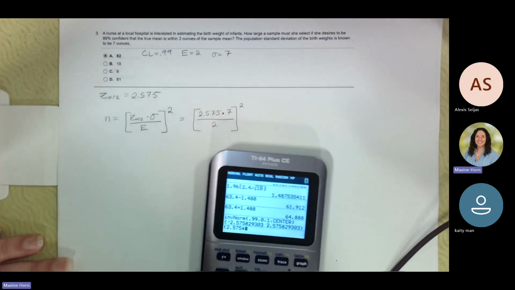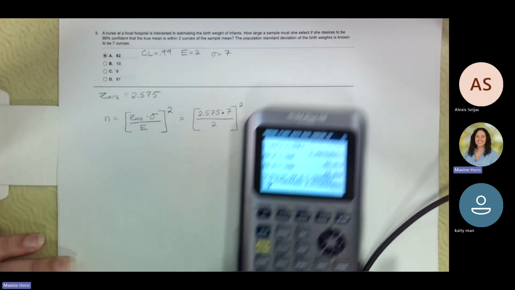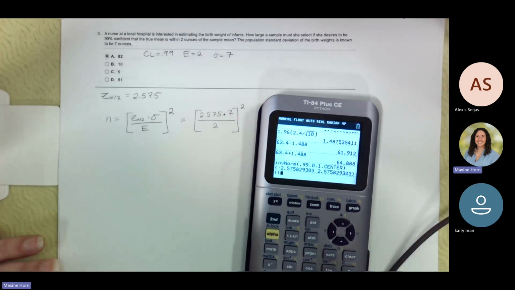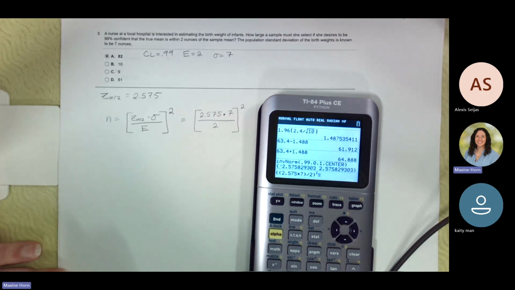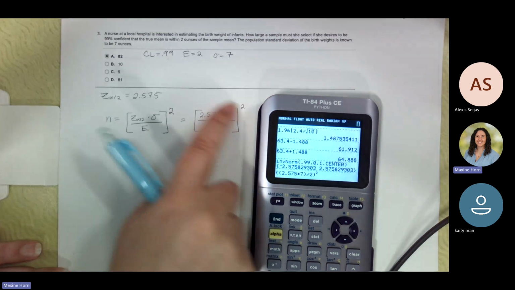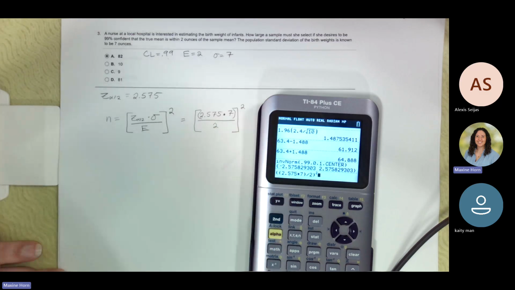Okay, so 2.575 times 7. You know what, let me do that again, because I'm going to put my numerator in parentheses, and I want the whole fraction in parentheses. Okay, so you see how I plug that in there? I have the whole thing in parentheses, and then separately I have my numerator in parentheses.